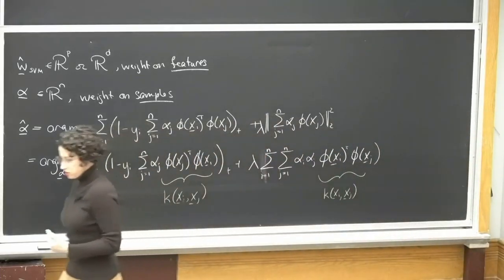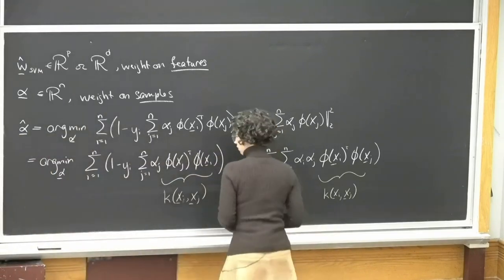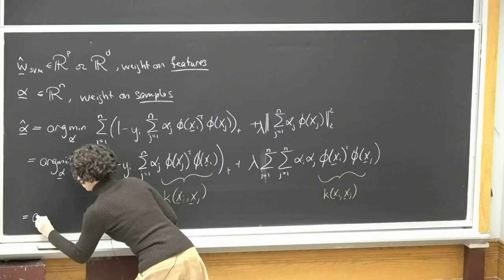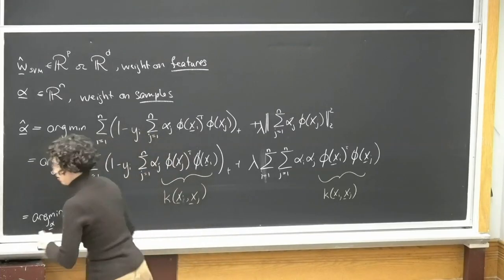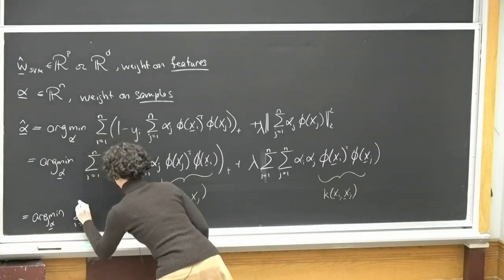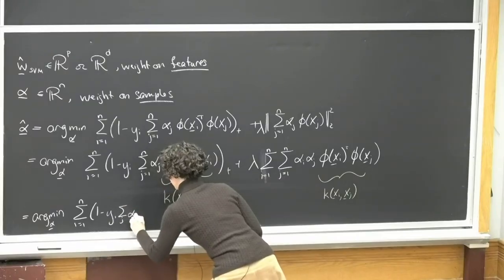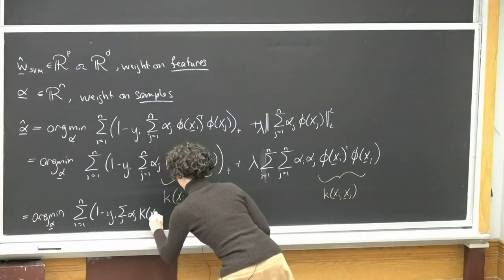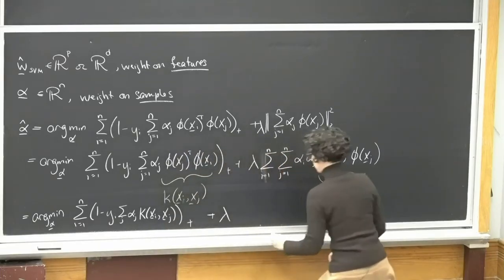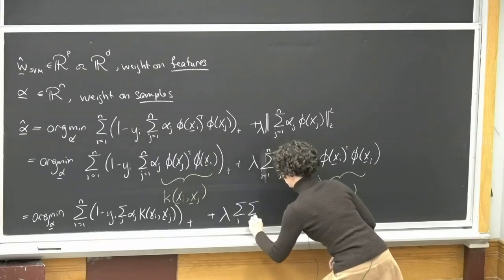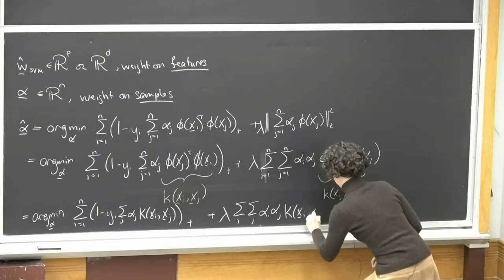All right. Now, unfortunately, maybe I'll just write this out more explicitly. So our final alpha corresponds to the argument that minimizes over all alpha the sum i equals 1 to n of 1 minus y_i, sum over j, alpha_j k(x_i, x_j), plus lambda, sum over i, sum over j, alpha_i alpha_j kernel of x_i, x_j.